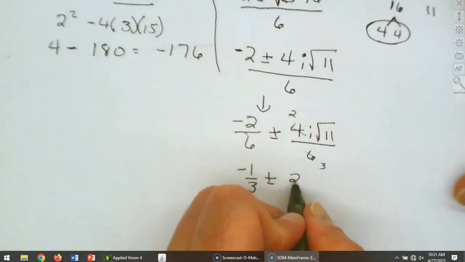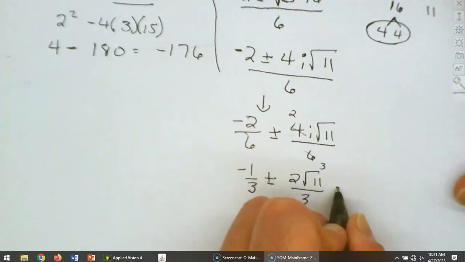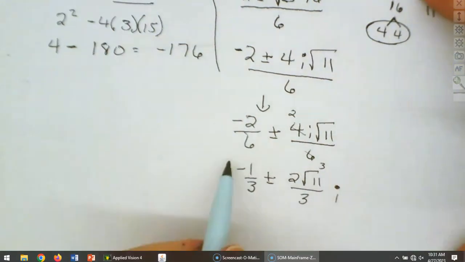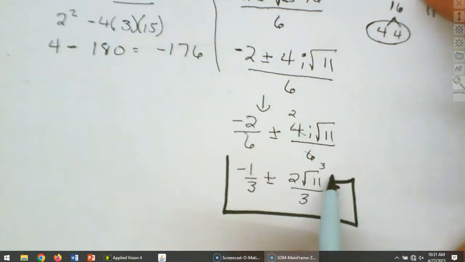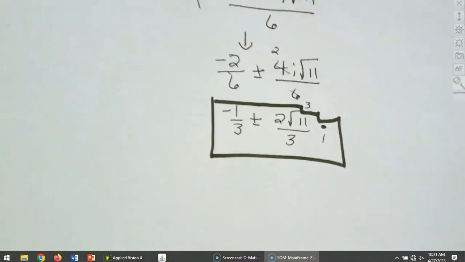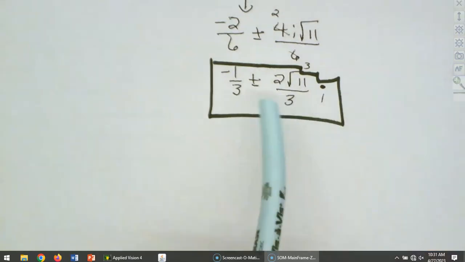So that's 2 square root of 11 over 3, and then we always put our i at the end on these fractions. So there's your final answer in the correct form. You always split up the real part from the imaginary part.